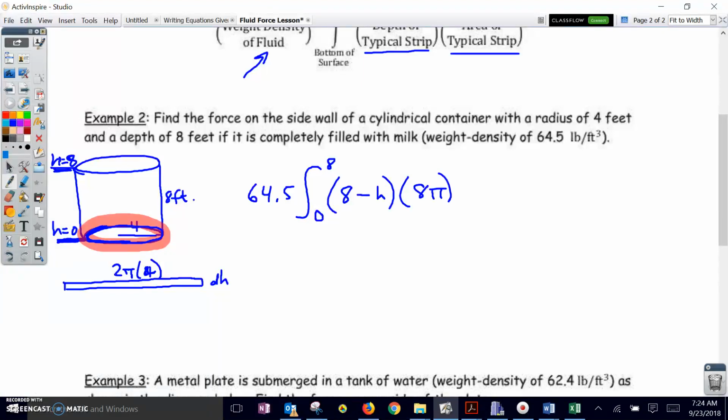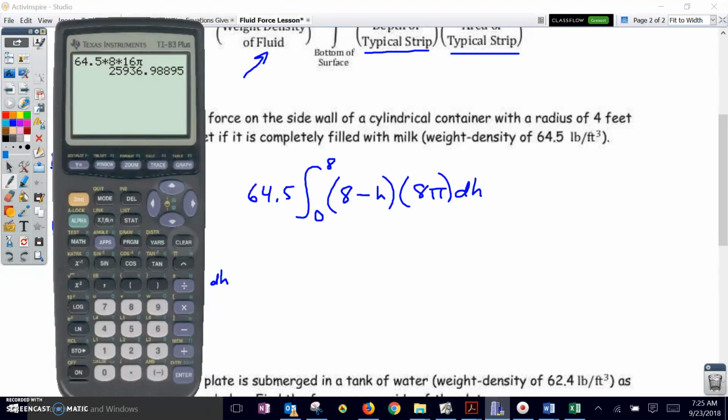And if I wanted to, I could bring that out in front of the integral, but since I'm just going to calculate it on my calculator anyway, I'm just going to go ahead and do that calculation. So let's pull up our calculator, and we've got 64.5 times, and you know what, I'll bring the 8 pi out in front of the integral, times the integral of 8 minus h in terms of h from 0 to 8.